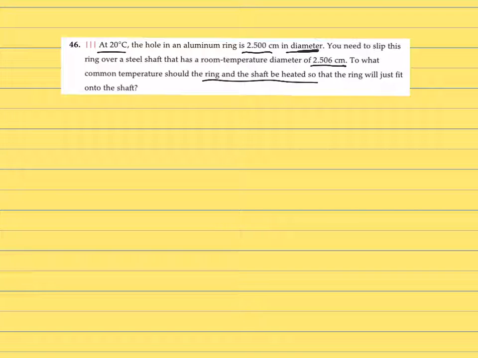All right, I'm going to start calling diameters capital D here. Not sure why, but I am. And the diameter of the aluminum in its final state has to equal the diameter of the steel in its final state.